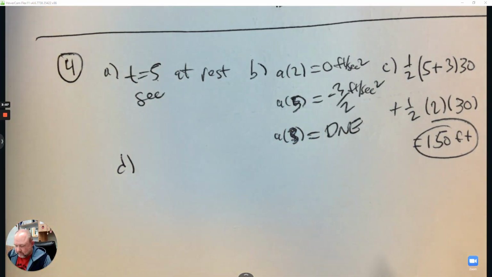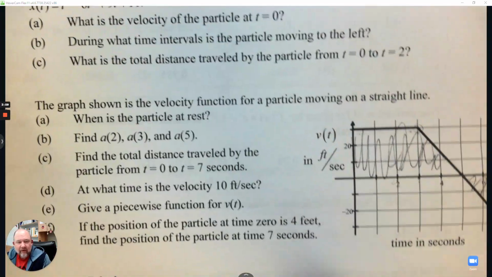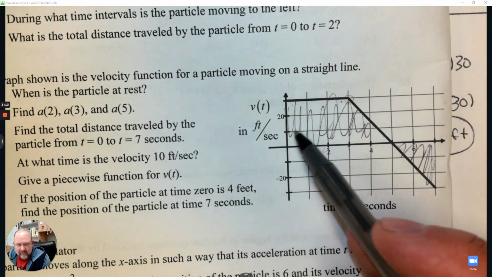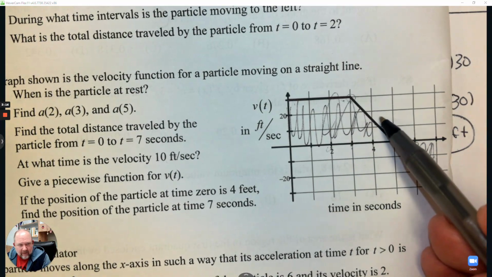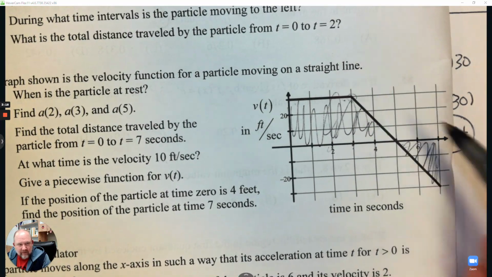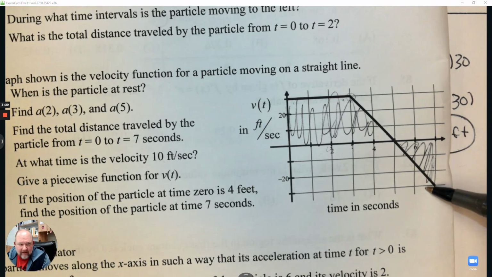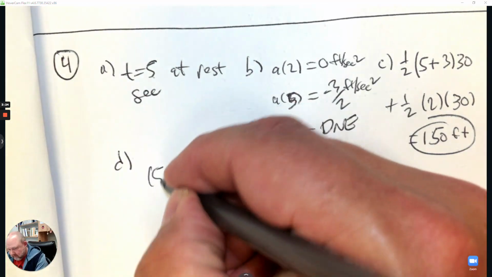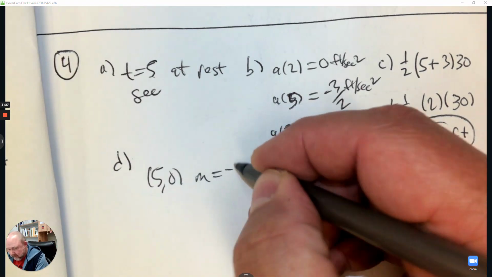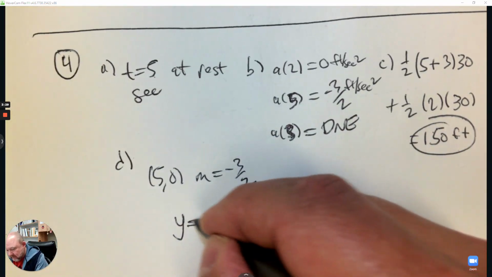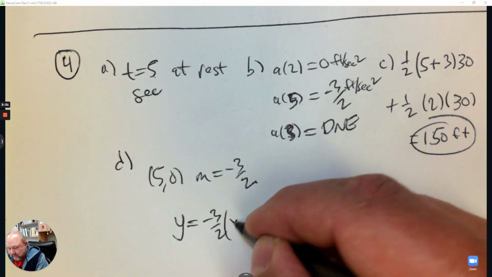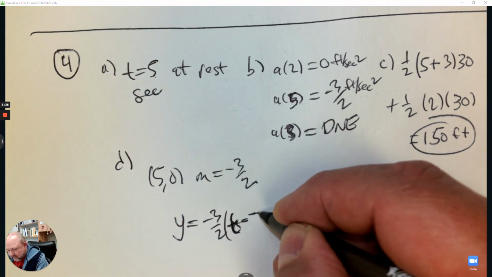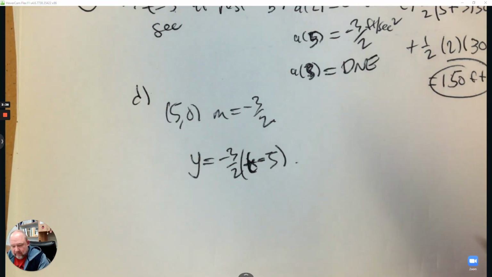Part D. At what time is the velocity 10? So I see the velocity is 10 right here, and at what time? So it's right here. I'm not going to guess what that is. So I need the equation of that line. All I need to know is a point, and I got a point, 5, 0, and the slope, which is negative 3 over 2, and I can write an equation. So negative 3 over 2, I'm going to use x. We can use t. T minus 5 plus 0. I don't need the plus 0 here.